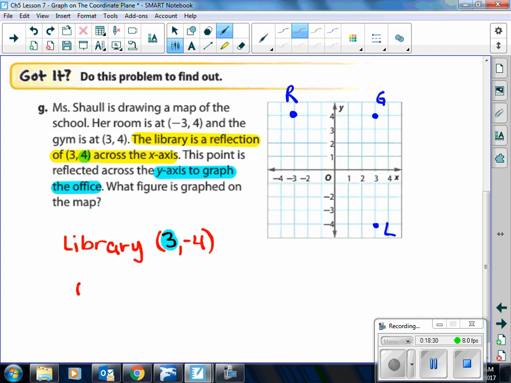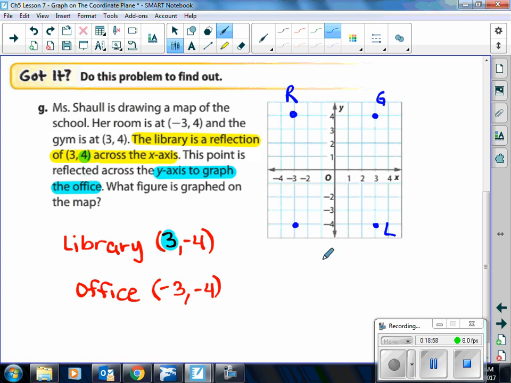So the office then will be what point? Very good. Negative 3 comma negative 4. Perfect. So the office, negative 3 comma negative 4, is right there.